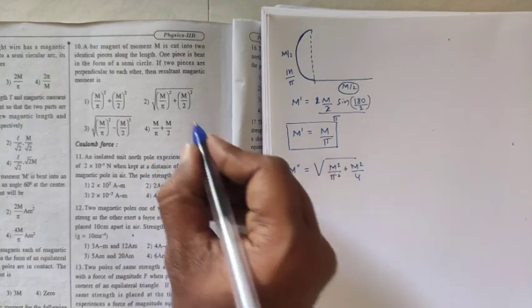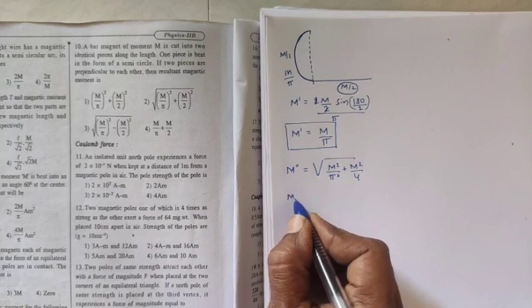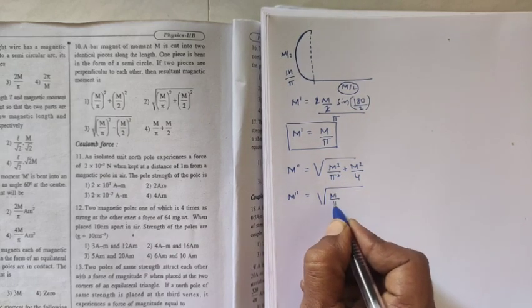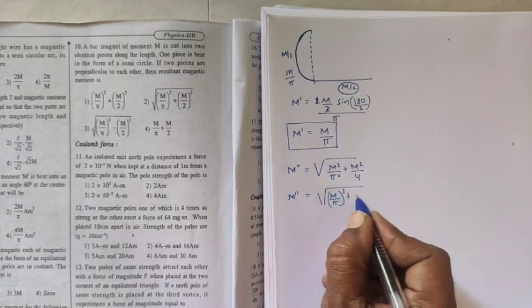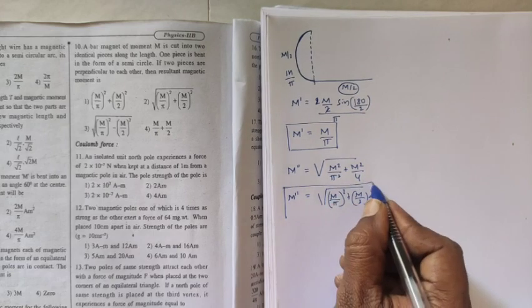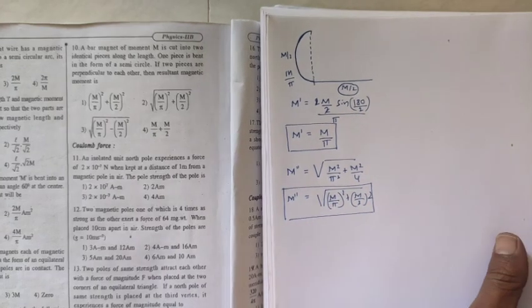In the option they mention it as the square root of m by pi whole square plus m by 2 whole square. So this is the required answer for the 10th question here.